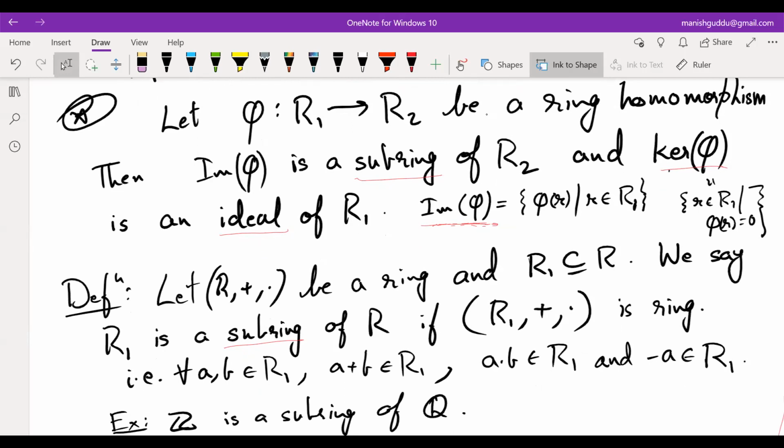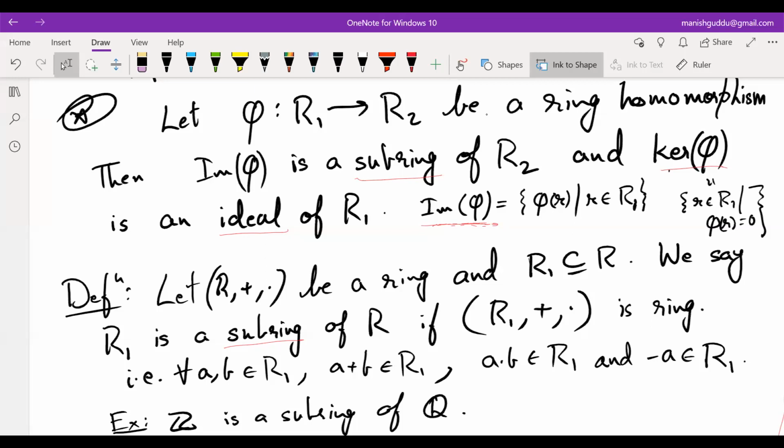If you insist on all these conditions, then this is a subring, and sometimes people insist that 1 of R1 should also be in R, if we are talking about rings with unity. But in this case, there are many people who don't really care about 1 of R1 being the same as 1 of R.